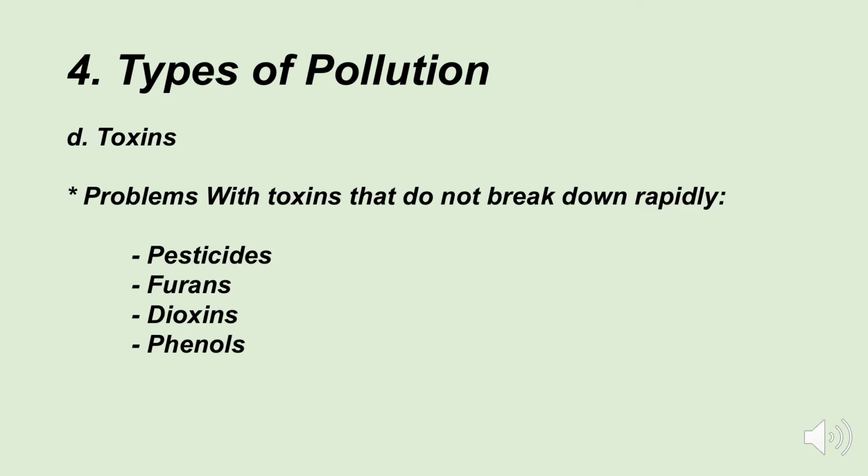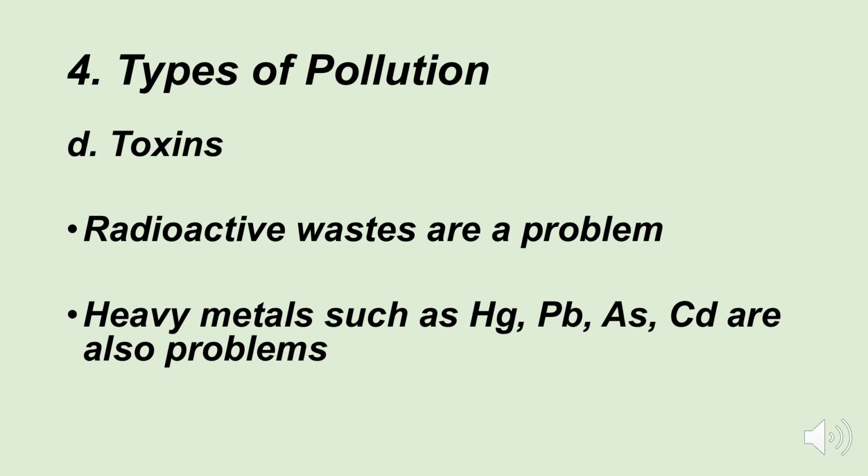Other types of toxins we need to be concerned about, radioactive waste. We know they're a problem. We've got to keep these wastes out of the water. Heavy metals, particularly things like Hg, which is mercury, Pb, which is lead, As is arsenic, and Cd, which is cadmium.